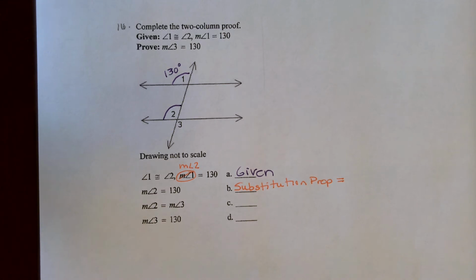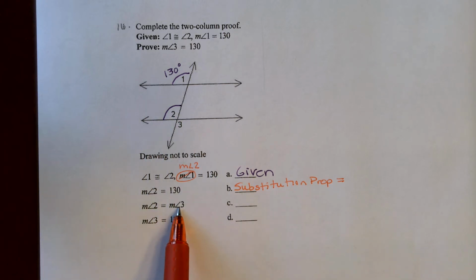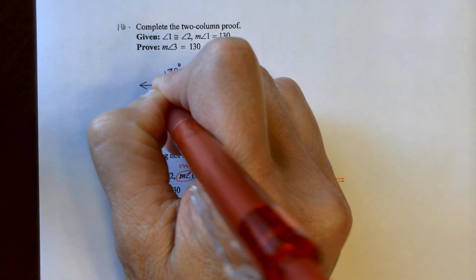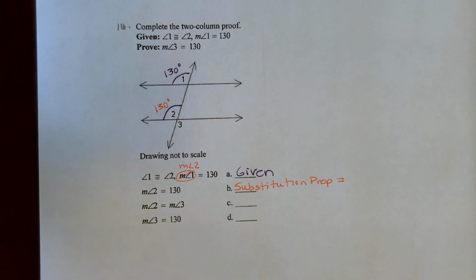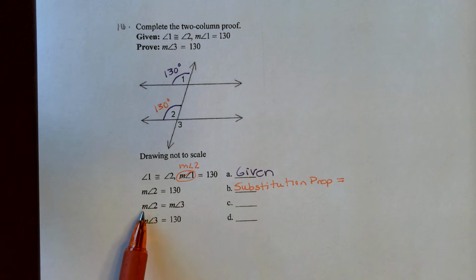All right, so now in C, we're trying to get connected to angle 3. So we've got now angle 2 is 130, so we're here. We're making progress. Now we're saying angle 2 is congruent to angle 3, or not congruent, the measures are equal. The measures are equal.